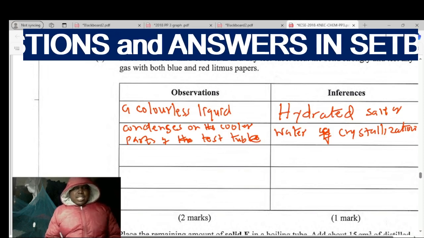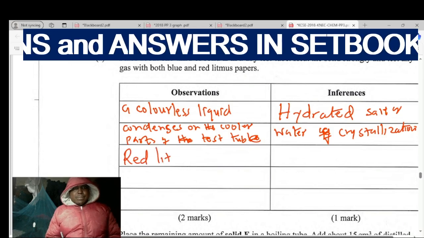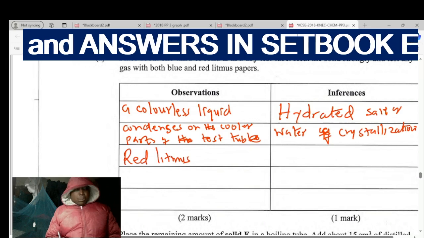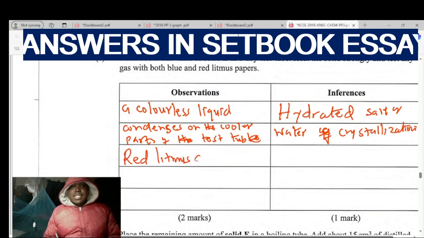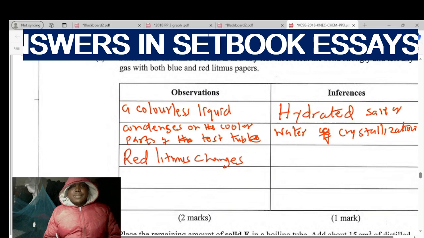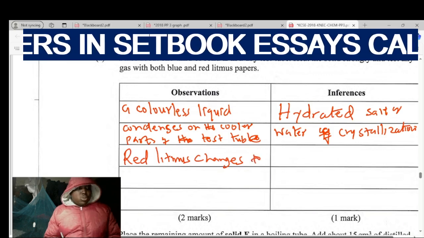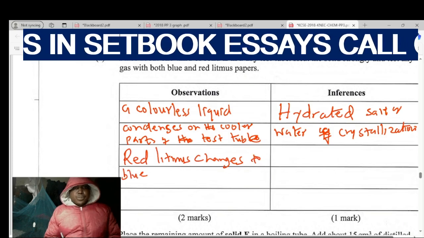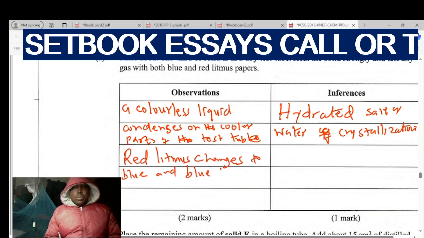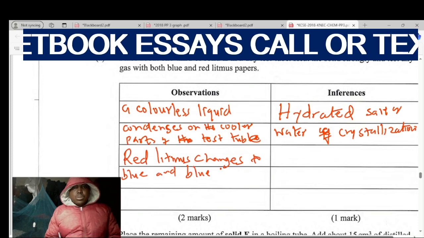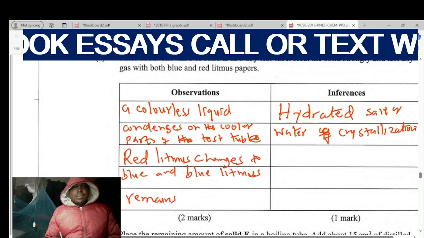So the observation is that the red litmus changes to blue, and blue litmus remains blue.